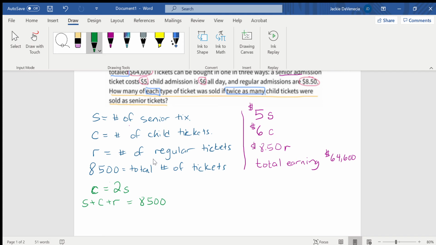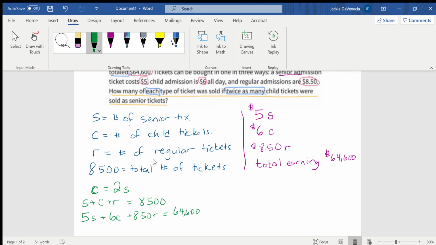That's my second equation. My third equation has to do with the prices. If I added them all together, I would get 64,600: 5S plus 6C plus 8.50R is equal to 64,600.